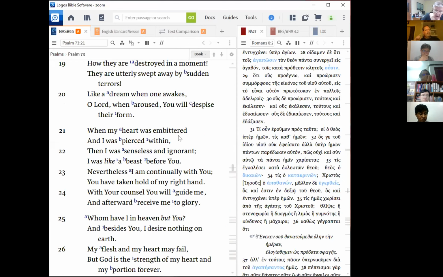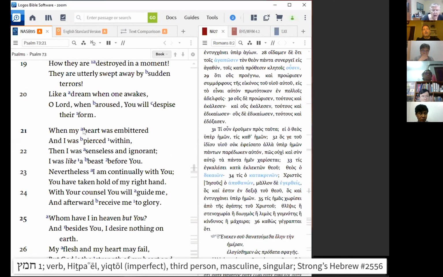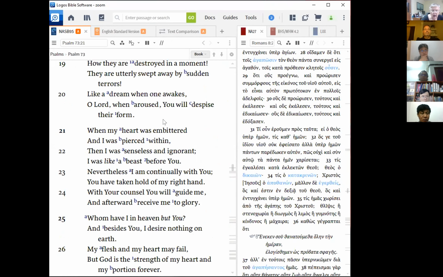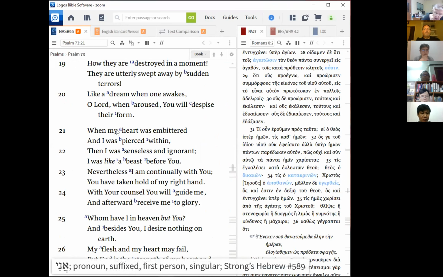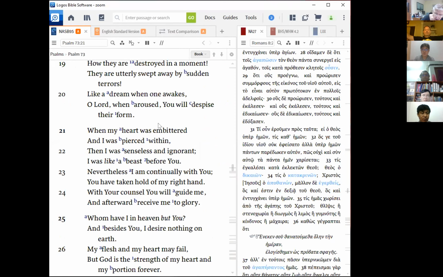But actually, the type of verb this is in Hebrew is more of a middle voice idea. You know what he's saying here, brothers? He's actually saying, I embittered my own heart. I pierced myself. He's not saying it just happened to me, like, I was just sitting there one day and all of a sudden something pierced my heart and made me bitter.